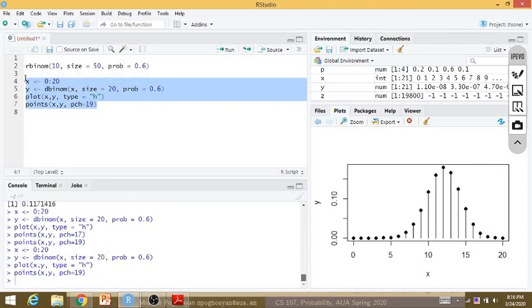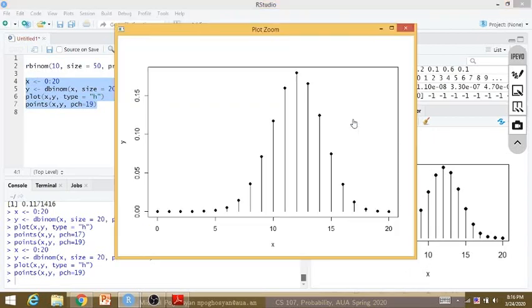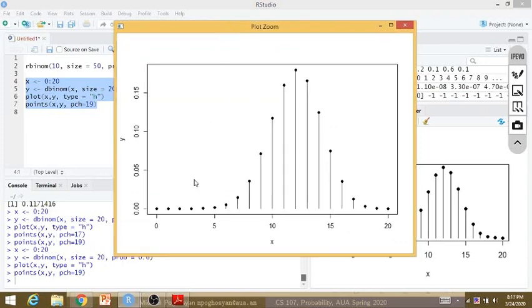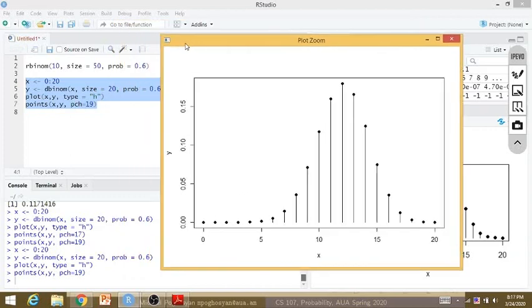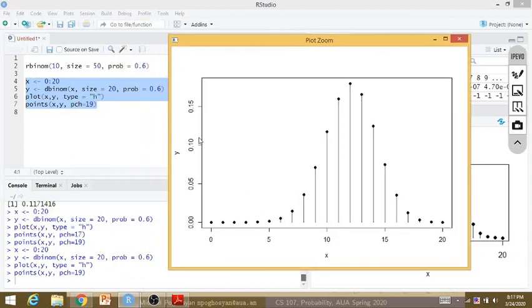Okay, so this is our PMF. So the probability, let me zoom in. The probability that we will have exactly 10 successes when doing 20 trials, and probability of success is 0.6, is this much, and this is 0.11 or 12, something like that.